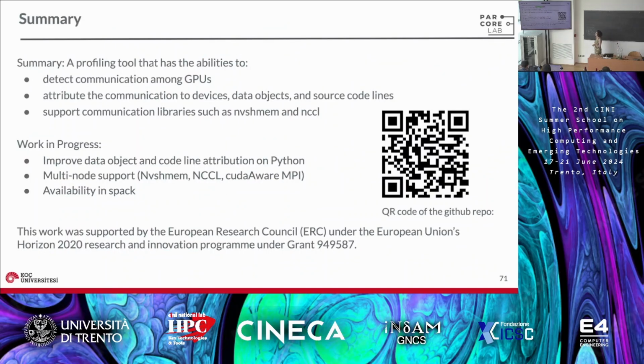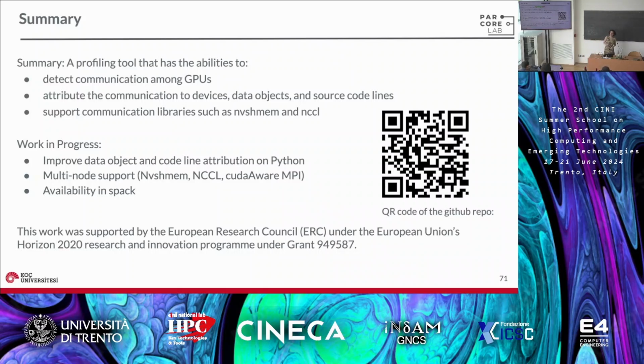In short, as a summary, Snoopy is there to detect inter-GPU communication and data movement activities. We have a lot more ideas to integrate into Snoopy. What we are currently working on, a lot more than what is listed there, is multi-node support with CUDA MPI.